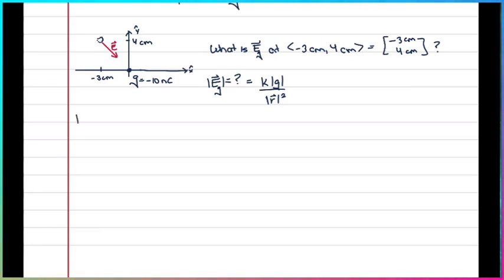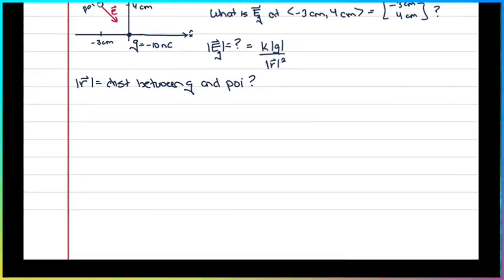So I could ask, what is the distance between Q and this point of interest? Well, just geometrically, you should hopefully start to see a triangle. One side of the triangle is length 3 centimeters.